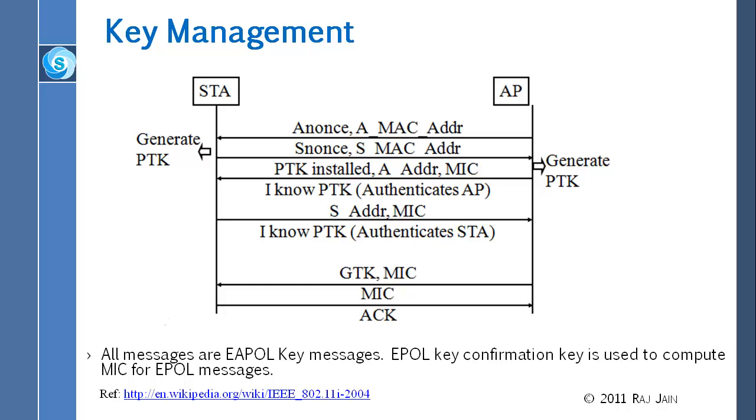EAPOL has 5 or 6 different types of keys and different kinds of messages, while EAP had only, this one, 4 messages: request, response, success, and failure. EAPOL has EAPOL key messages, which are used for this, and then there are other types of messages, which are not on this picture. So when we say EAPOL key messages, the name is somewhat confusing because it looks like there is some kind of key there, but no, it has nothing to do with that, it is just the type key.